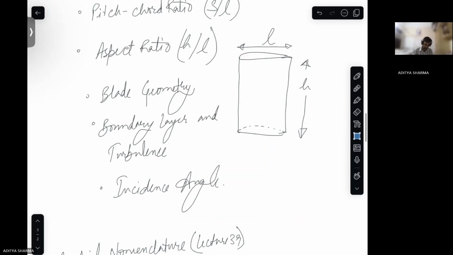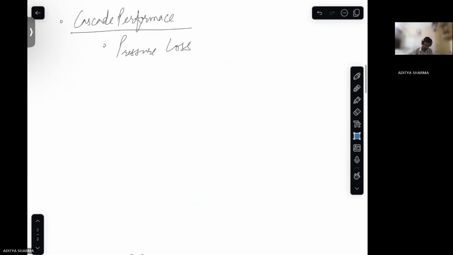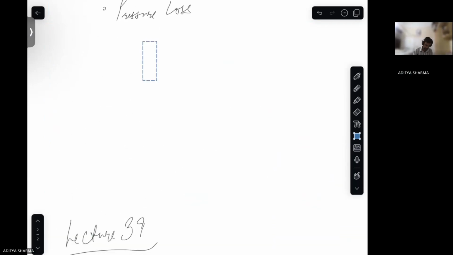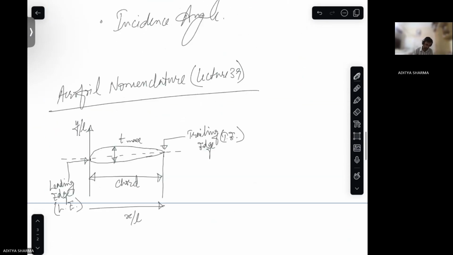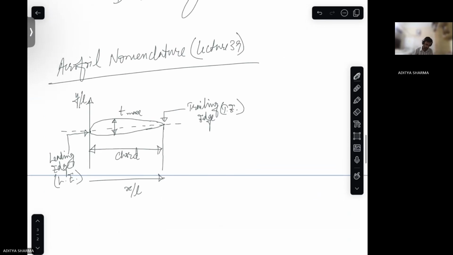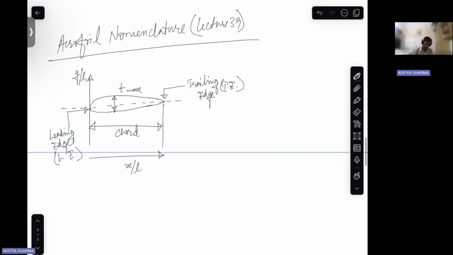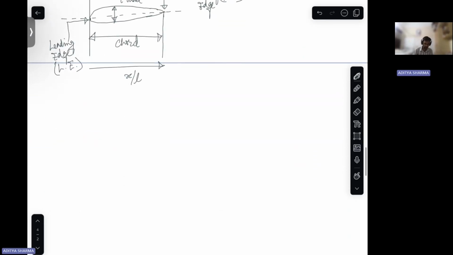So this I had drawn. And what is camber?